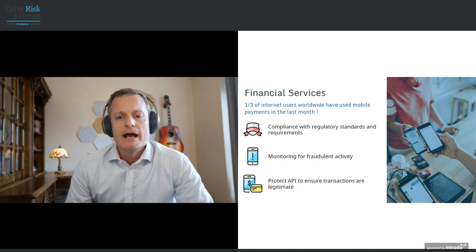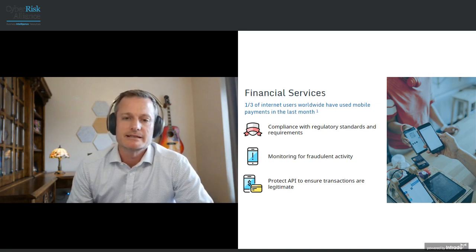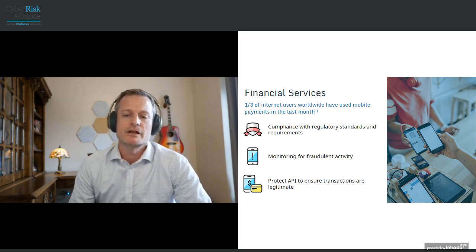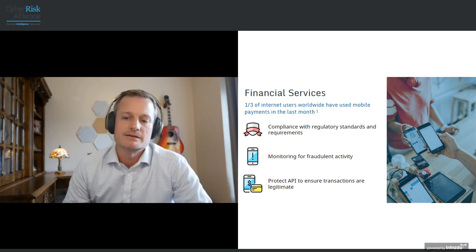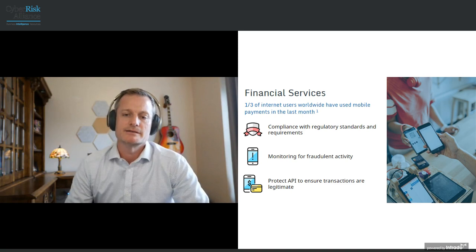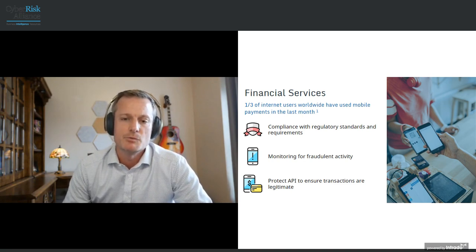And then ensuring transactions are legitimate and protecting some of those API endpoints, particularly if you're an SDK. You want to make sure that you've got the right authorization and controls around how those SDKs are accessed and how those APIs operate. So that gives you a flavor of what the financial services companies prioritize in terms of mobile security scenarios.